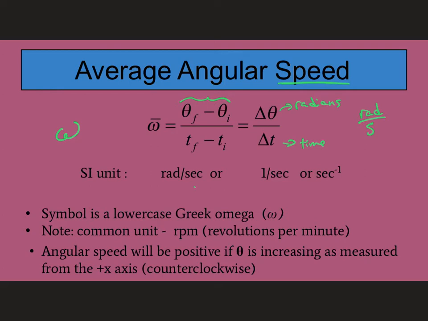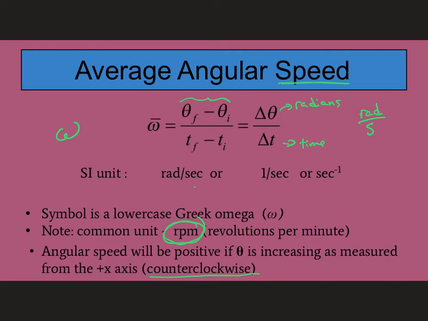When you're working through problems, you might frequently see RPMs, or revolutions per minute. So just recognize that you'll have to do some conversions to go from revolutions per minute to radians per second. In terms of our signs and notations, counterclockwise is the positive direction, right?